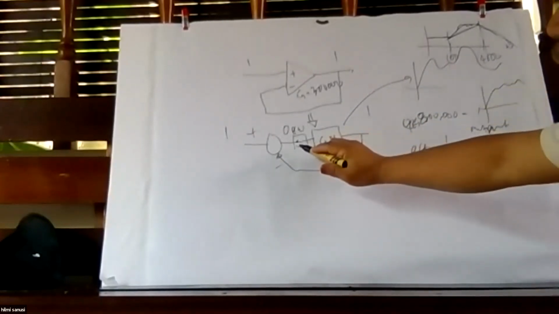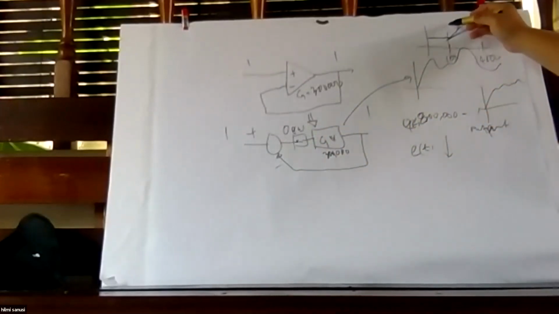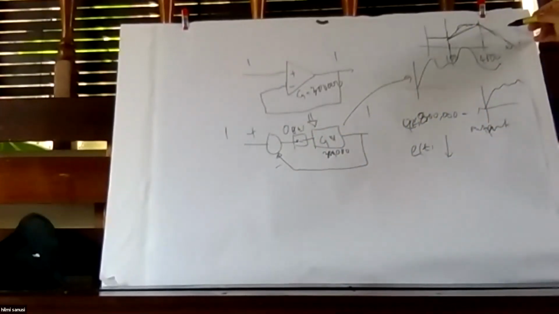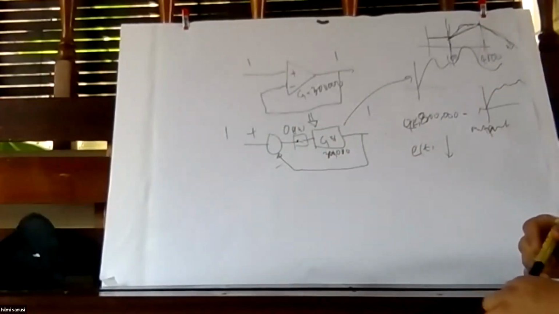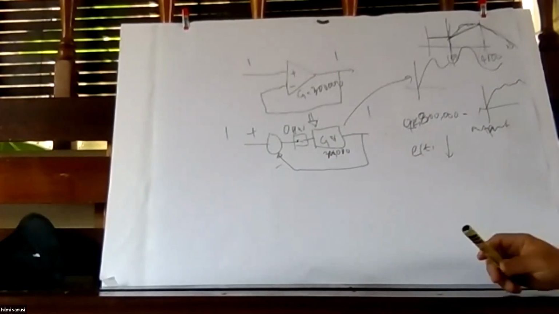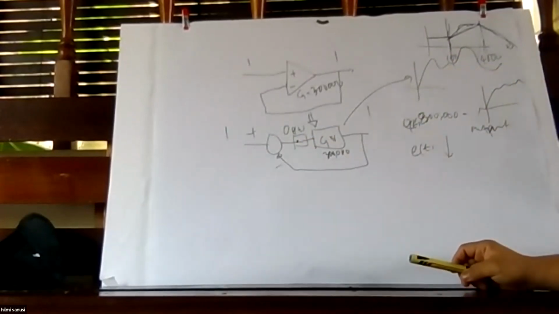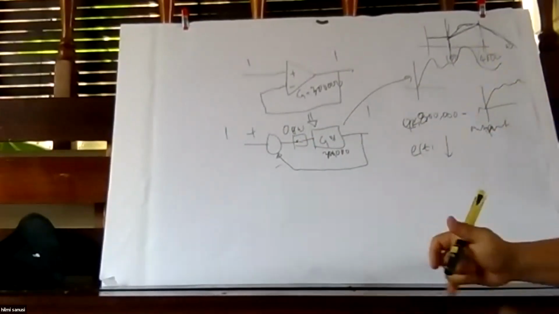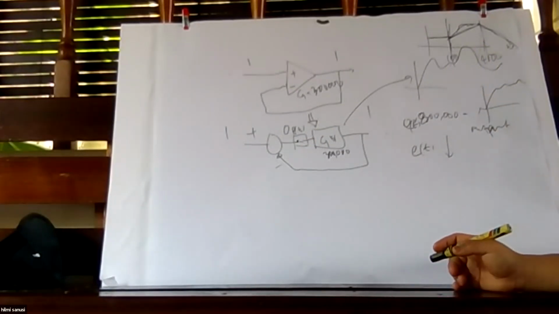So I have to change my error signal so that my error signal will only be in this range. Dia start daripada 100 baru dia on. Saya tak nak sebelum 100, my error signal tu dah ada. Kalau saya punya error signal ni dah ada before 100 Hz, meaning that my response will not be as what I want.